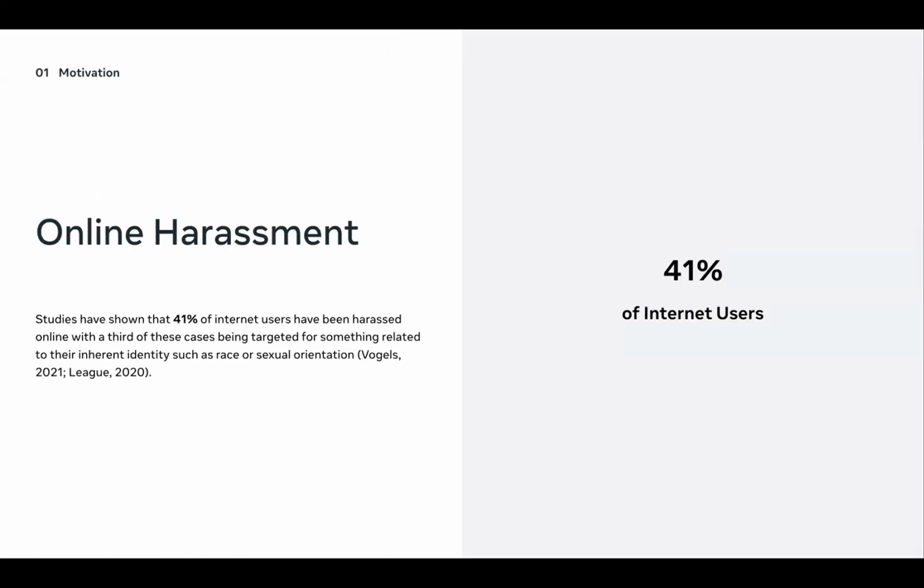So the motivation is, first of all, online harassment. Studies have shown that 41% of internet users have been harassed online, with a third of these cases being targeted for something related to their inherent identity, such as race or sexual orientation. And when we say inherent identity, that implies that they're being targeted by hate speech.